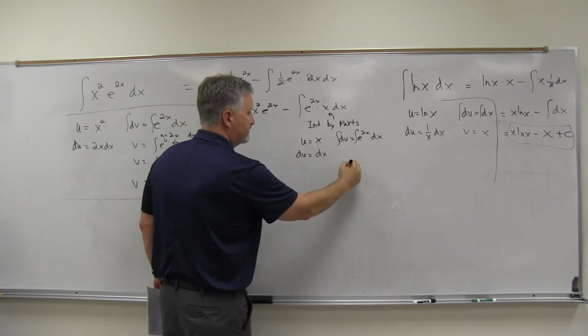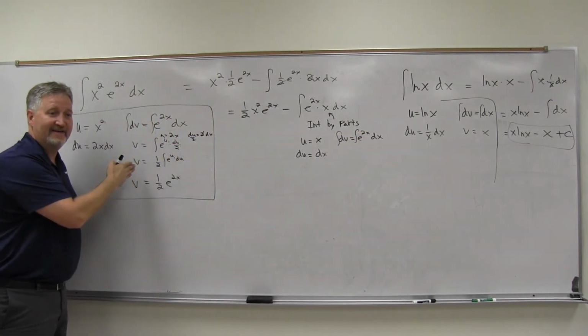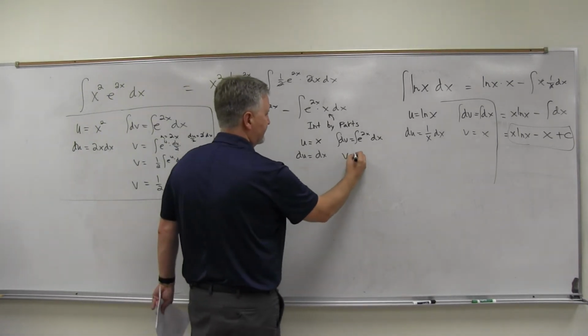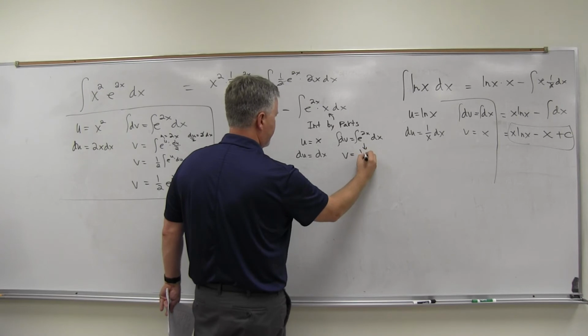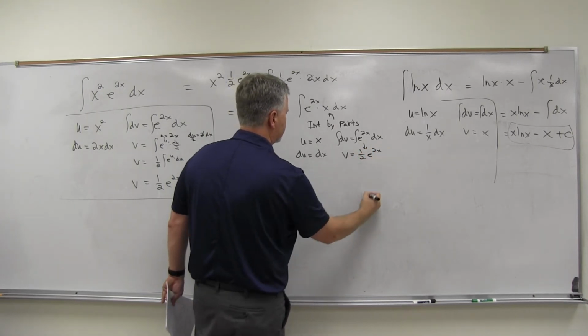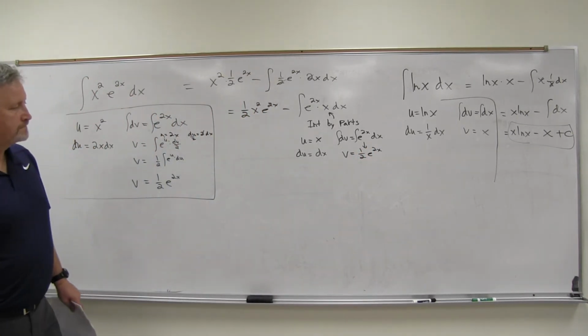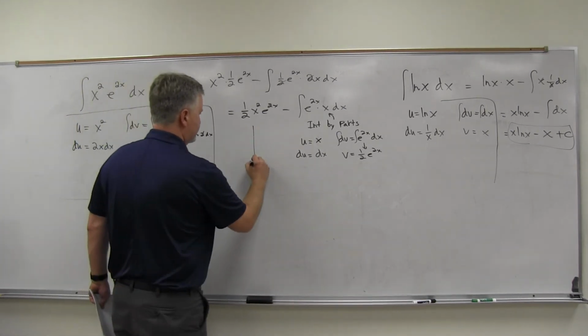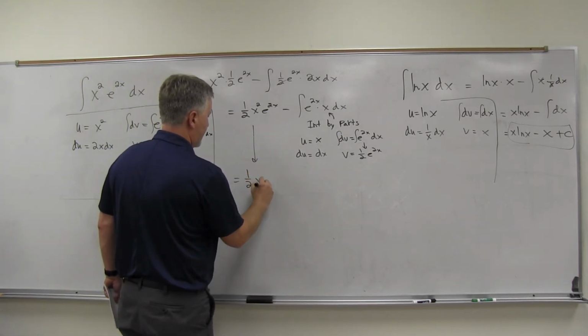And then this integral, notice it's the exact same integral as I had. So it's another u substitution, but I already know, cut to the chase here, it's 1/2 e to the 2x.